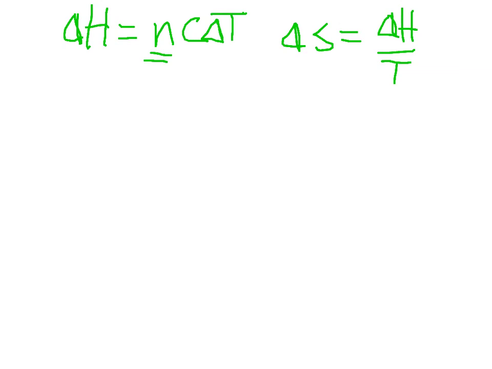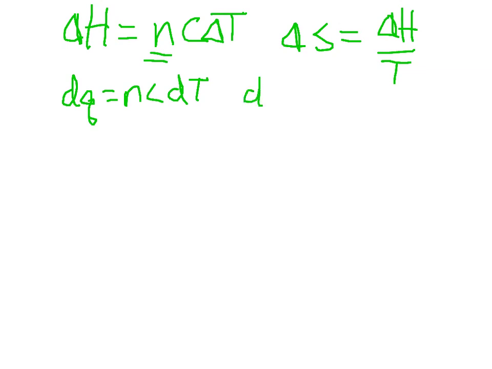Now these deltas refer to large changes, but in order to do some calculus, we have to take small changes and add them all up. So instead of a ΔH, I'm going to talk about a small change in the heat, dQ, which would be equal to nC times a small change in the temperature, dT.